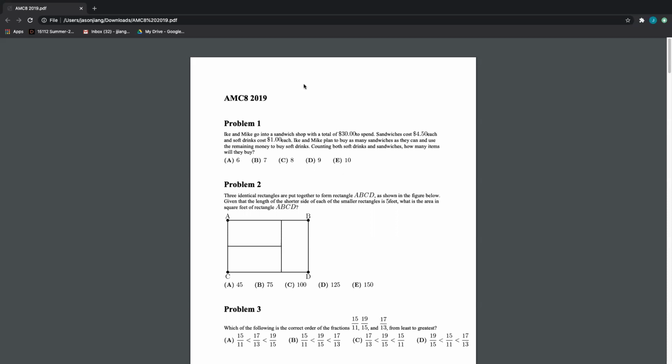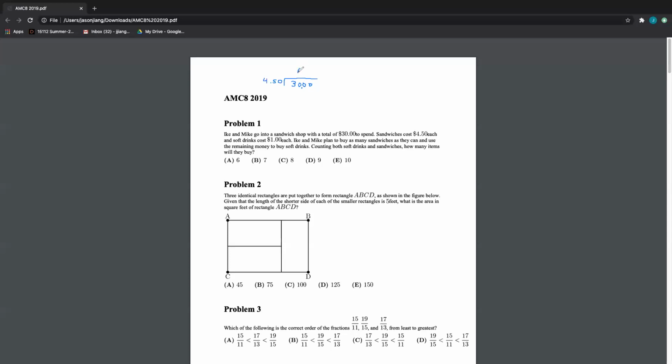So we're told that they'll first go for $4.50 sandwiches. So we just take $30 and divide by 4.50. Sorry, 4.50 doesn't go into 3, but it does go into 30.